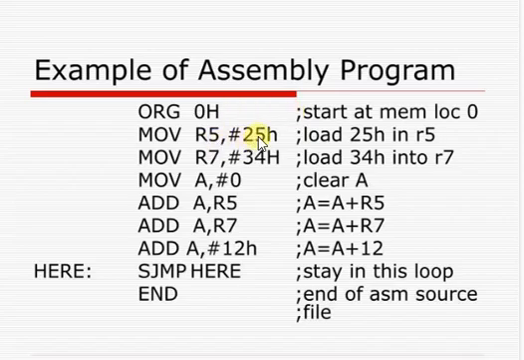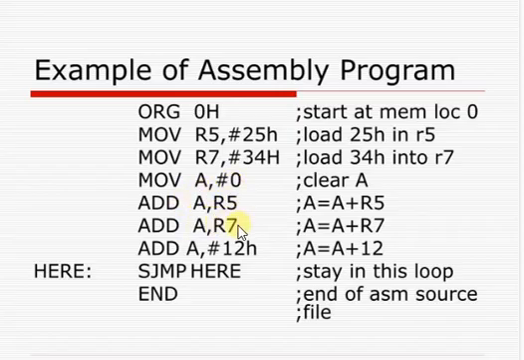Here the value 25 is transferred to R5, then 34 is transferred to R7. MOV A, #0 means 0 is transferred to A, or simply we can say clear A. ADD A, R5: A equals 0, R5 is 25, therefore the A value is 25.